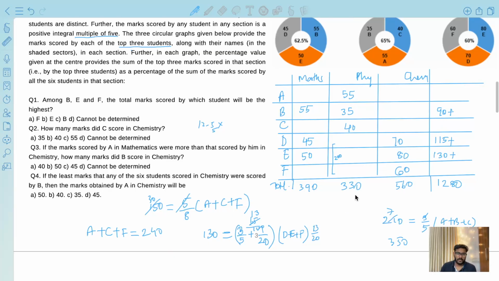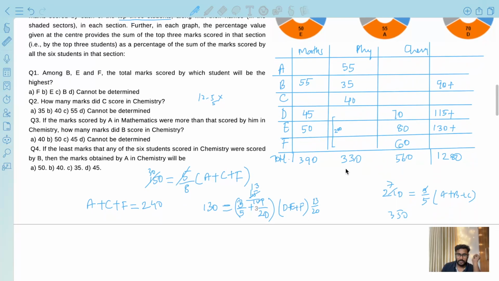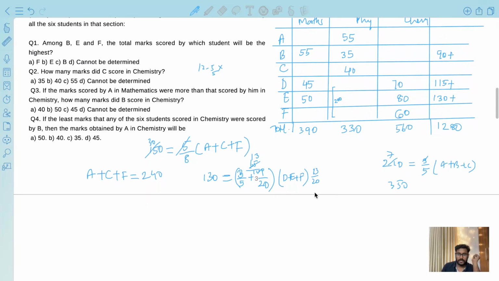What else? Okay, these are all a multiple of 5. Multiple of 5 less than 35. That is 30, 25, 20, 15, 10, and 5.